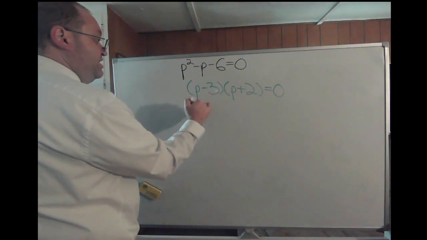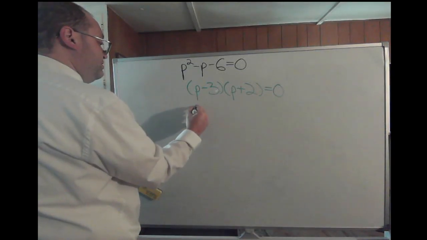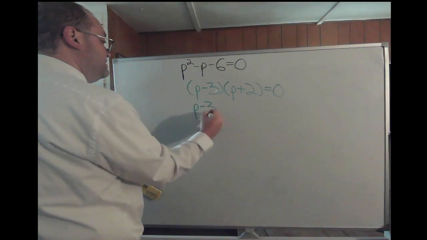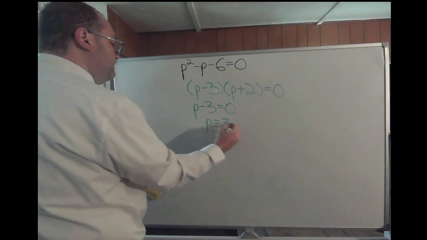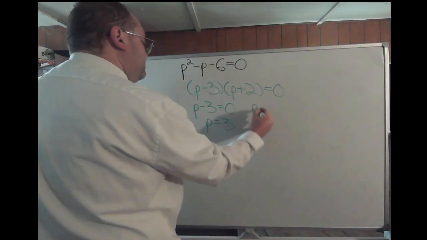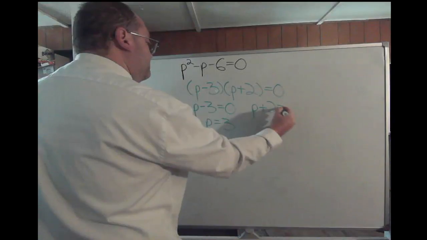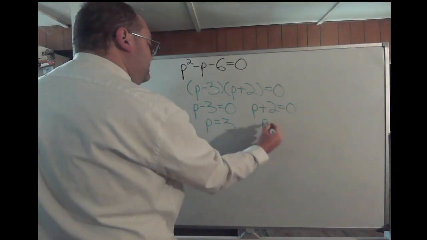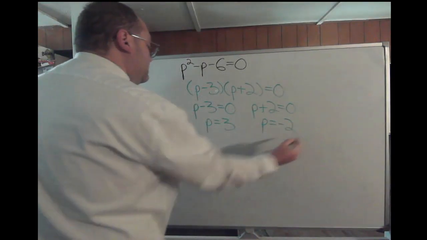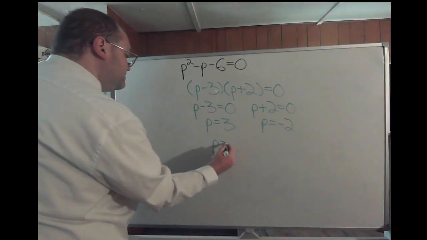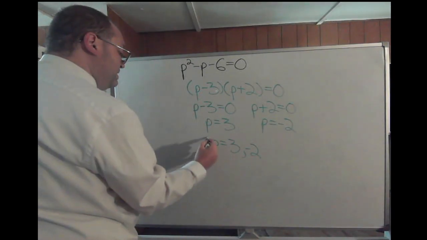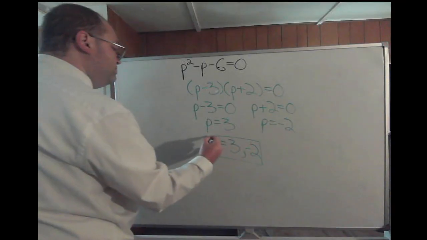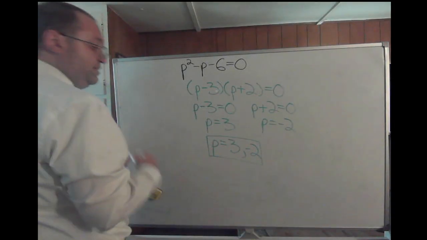And then you just take each of your factors, set them equal to 0. Take your p minus 3, set that equal to 0. Well, p would equal 3. Take your p plus 2, set that equal to 0. Well, then p would equal negative 2. So your 2 solutions for this are going to be positive 3 and negative 2. Those would both give you an answer of 0.